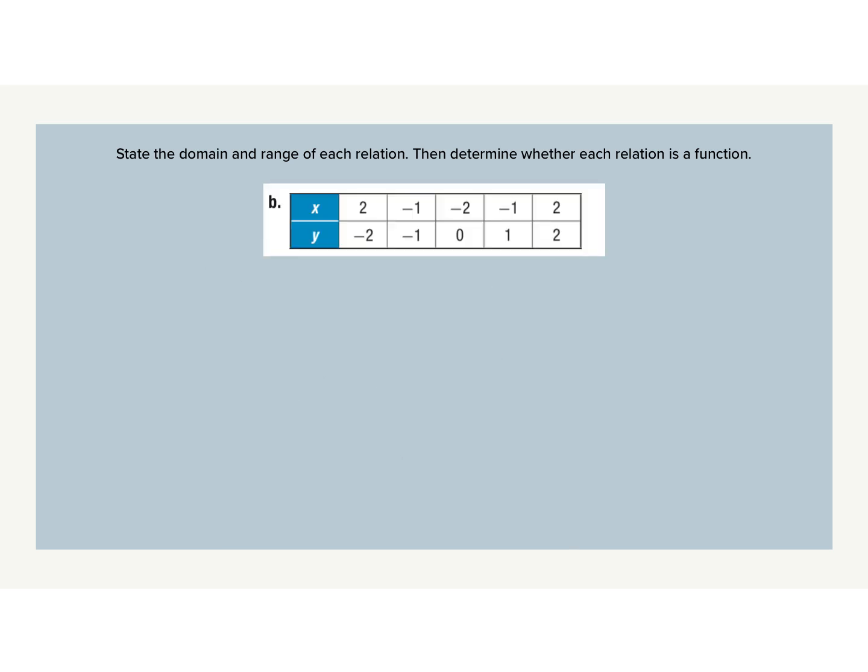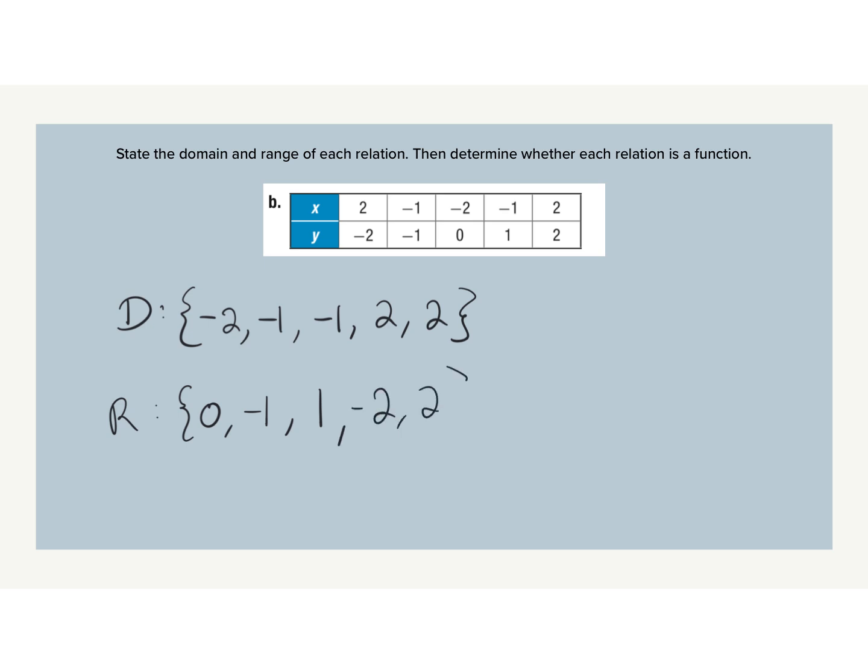So to state the domain and the range, I'm going to do the same thing I did before. Domain. We have, again, going in order, -2, -1, -1, 2, and 2. And then for the range, I'm going to make sure they match. So 0, -1, 1, -2, 2.